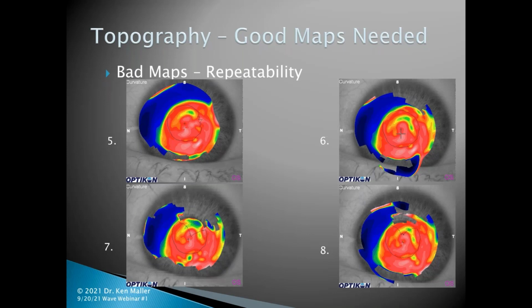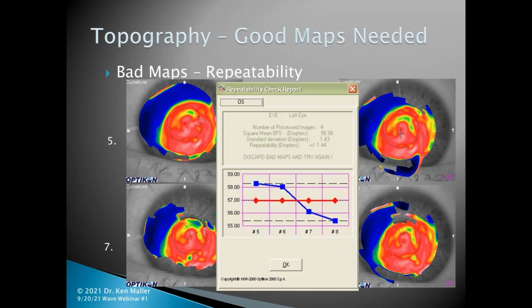Well, on the Scout, that looks like this, where it does repeatability, and notice that even though it's checking what would be equivalent to keratometry data, it's showing roughly a diopter and a half of variance between these maps. Well, again, that's a very, very large difference. And so these are not really trustworthy maps. We don't know which one is the closest to the truth. And yes, it does get more challenging the more irregular the cornea is.